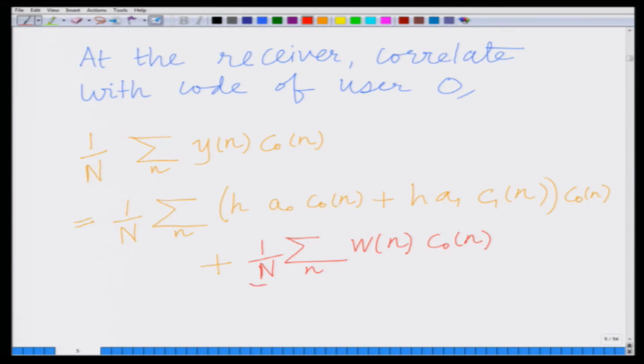This component, 1 over N summation over n of w n C0 of n, is the noise component.